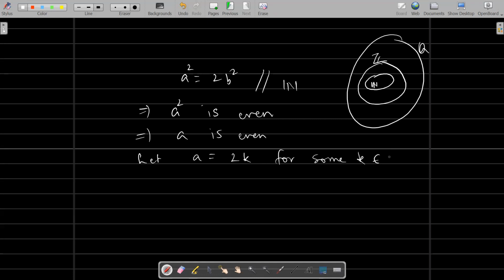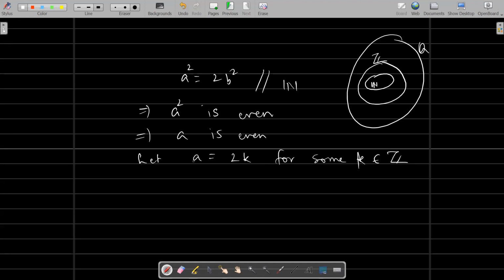Okay, then we can substitute a equal to 2k in the equation a square is equal to 2b square. Shall I say k belongs to Z? It could be an integer. It will be positive only. Okay.